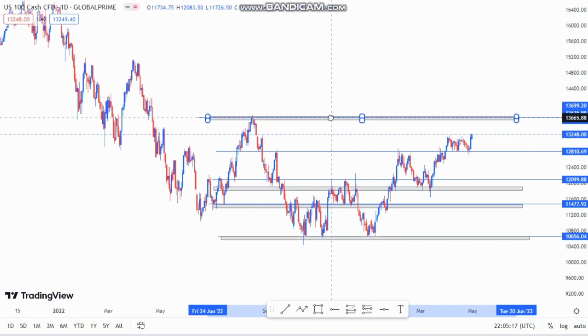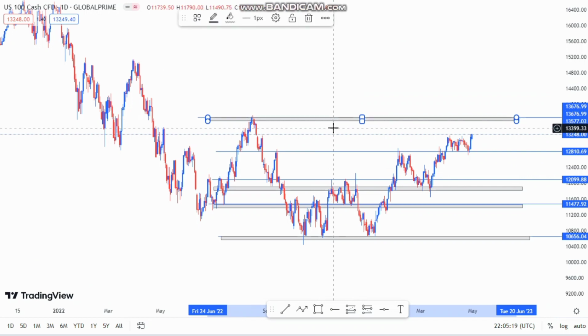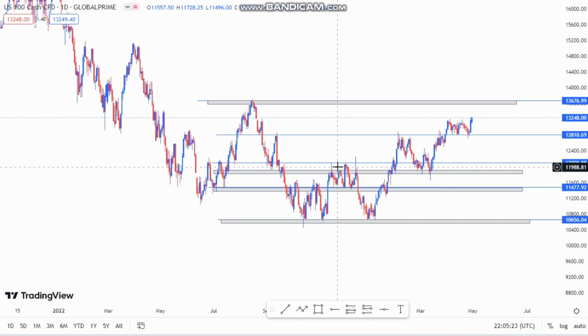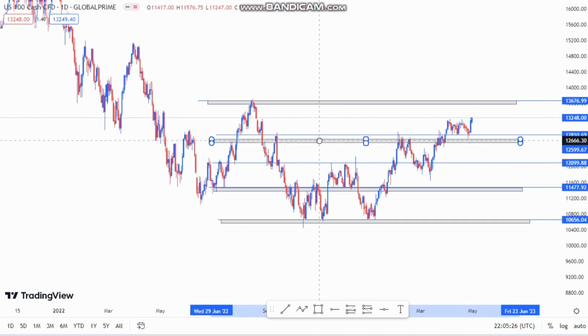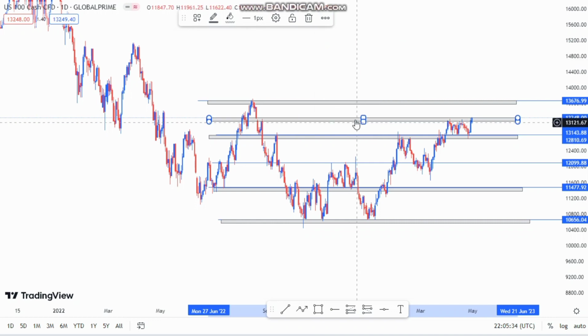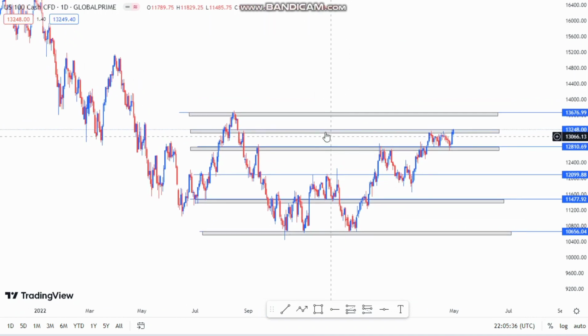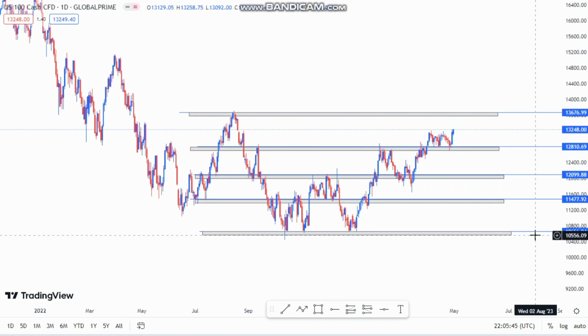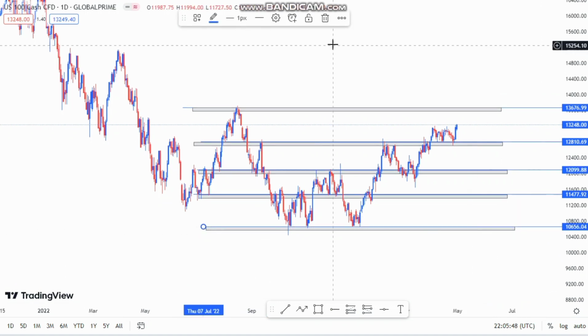So what I'm doing is just placing the squares on the levels that I've just identified. I don't think I'm doing anything special. I just want to keep my chart as clean as possible so that I don't confuse you guys while analyzing furthermore. Because if I was going to use only those lines, they're going to confuse you with the trend line. So watch out, it will be messy. So the reason why I'm doing this is just to remove the confusion.